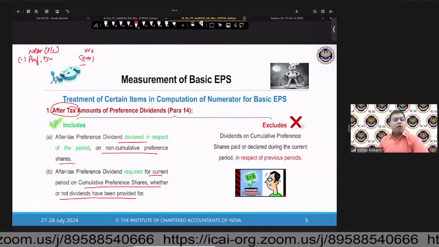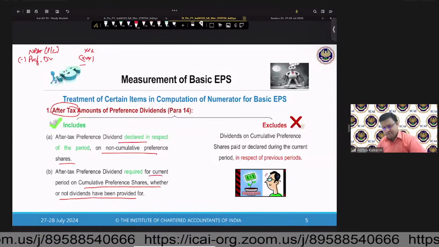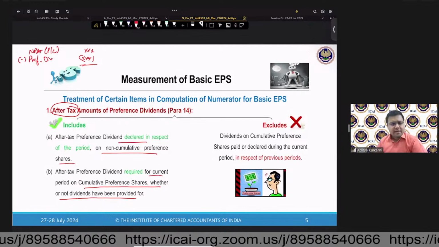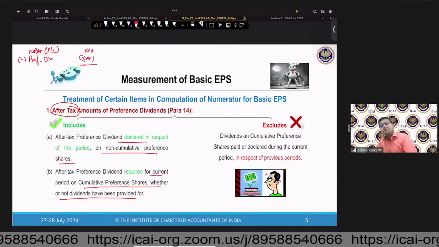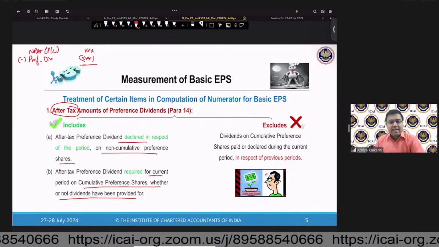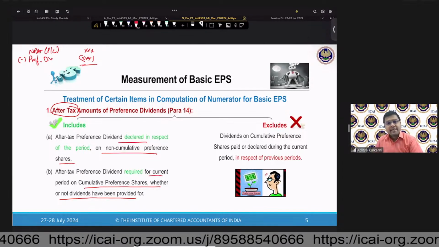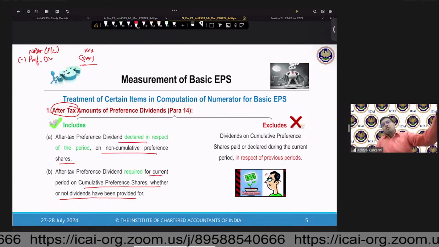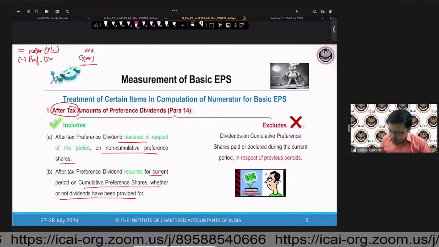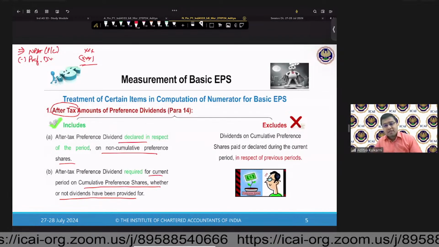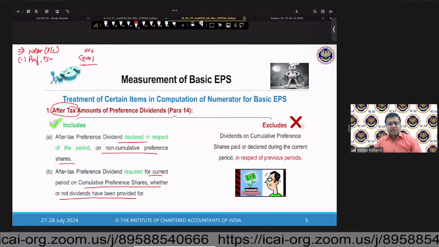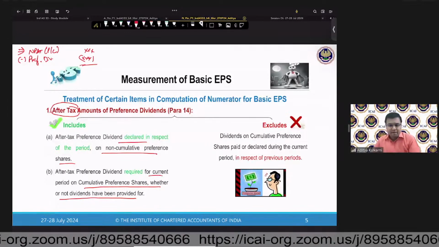Question is, how do I deduct the preference dividends? Now, this is a basic adjustment for us to understand. Currently, if these preference shares are classified as financial liabilities, the interest cost would already be factored in when we are computing the net profit after tax. So this is in case of preference shares which are categorized as equity, where you could be having a preference dividend.